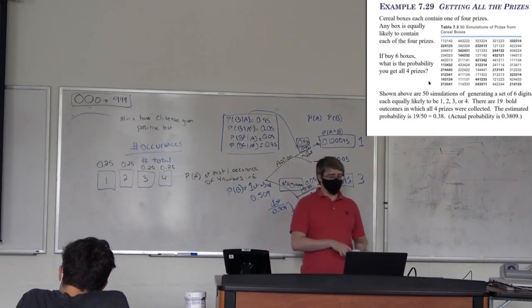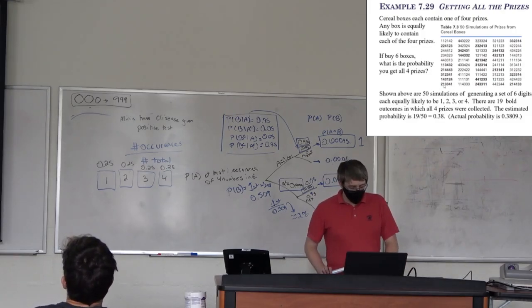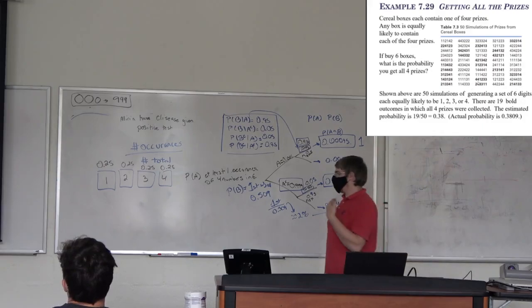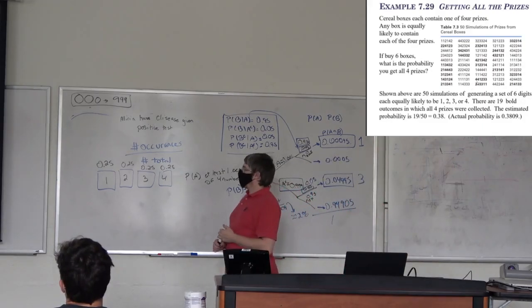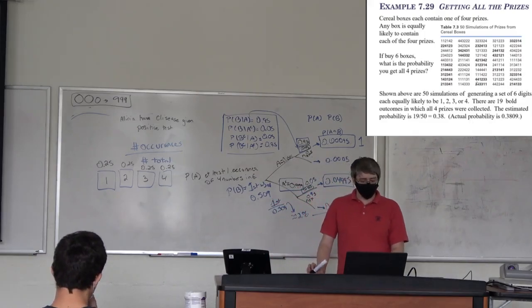You can see here that all the bold ones have numbers between 1 and 4 for every single one of them, and they did this 50 times and figured out that it's about 0.38, and the actual is 0.3809.